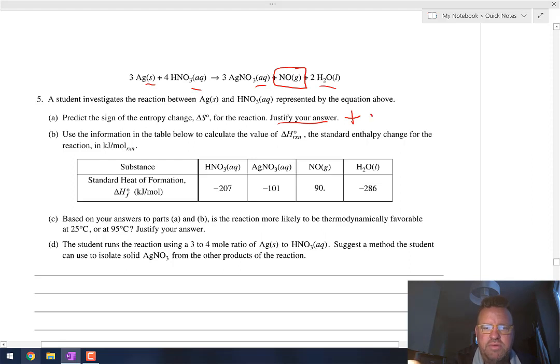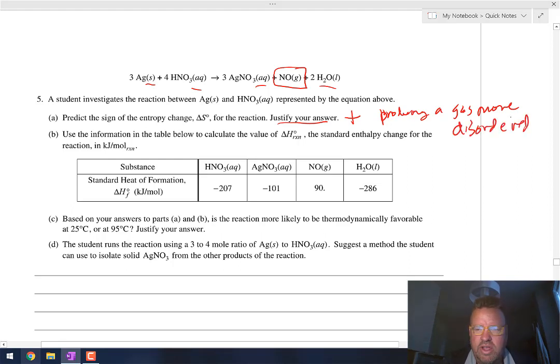Justify your answer because you are producing a gas which is much more disordered than a solid and an aqueous in the reactant side. Okay, and that, I believe, yes, it's just a 1-point response there. So we've got 1 point for part A so far.